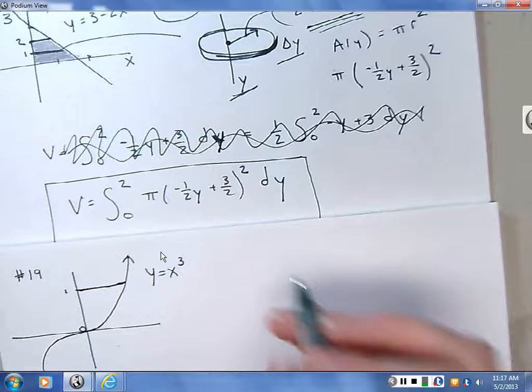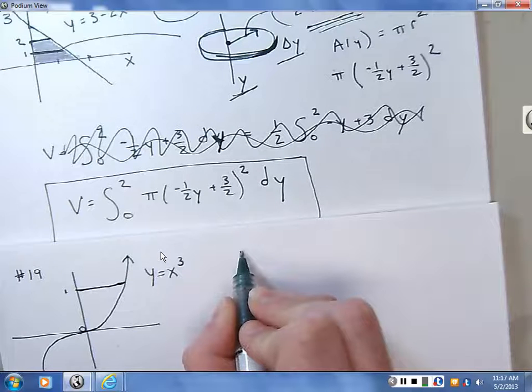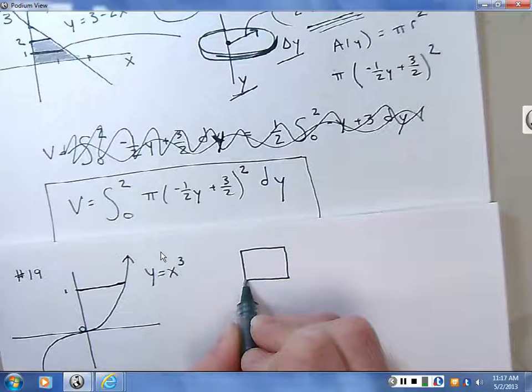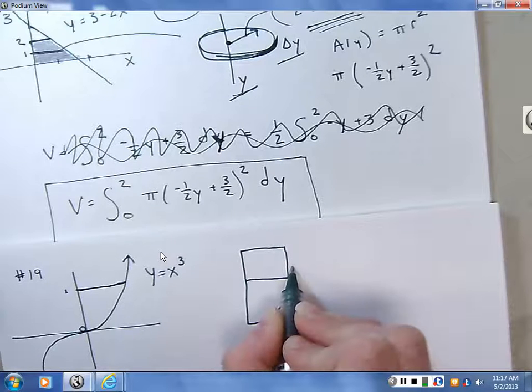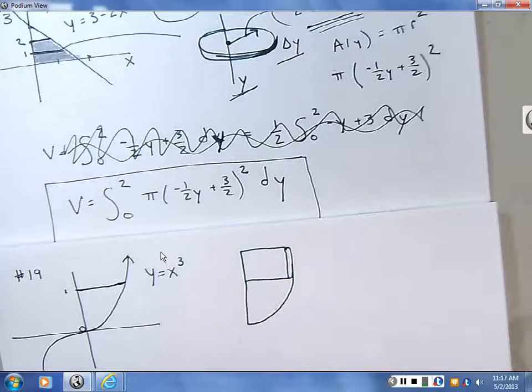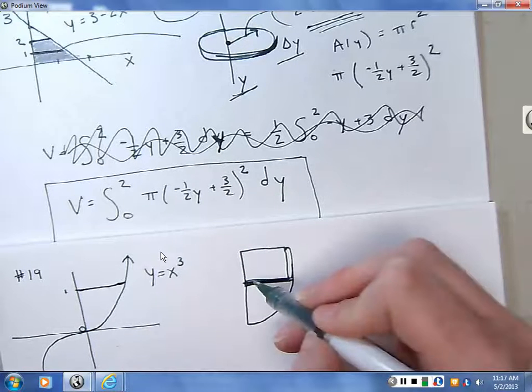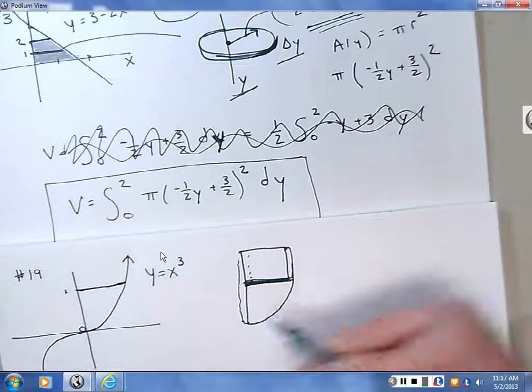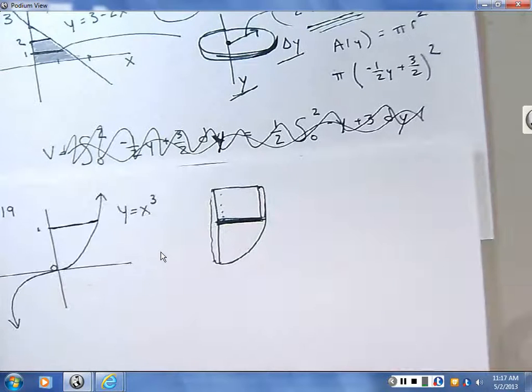So if I try to draw this here, I have a square shape. Didn't quite go to plan. If this is my shape, if I took a cross section, I have a square. This is a little bit better drawing.